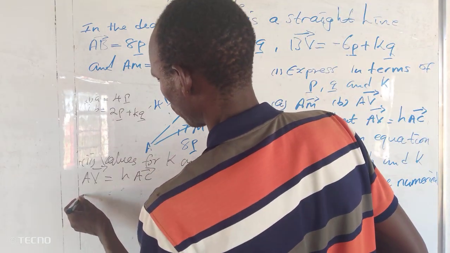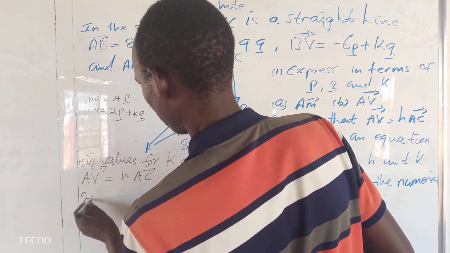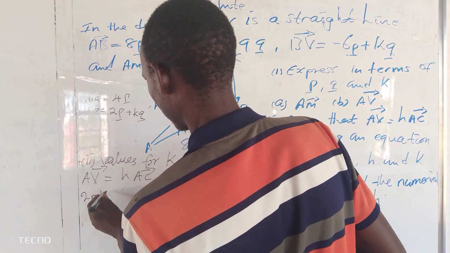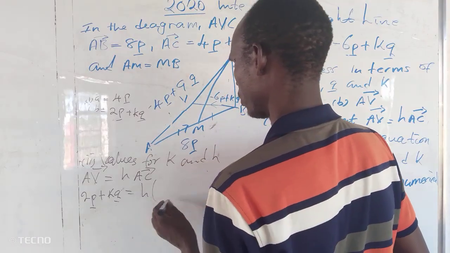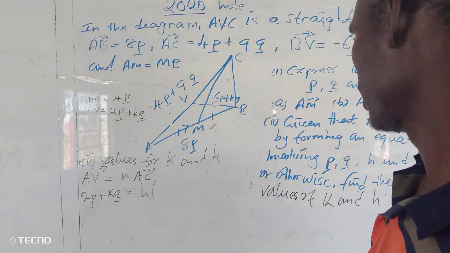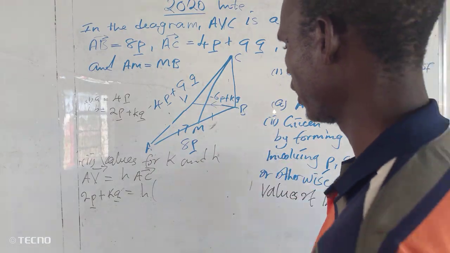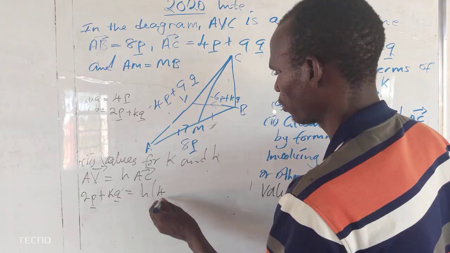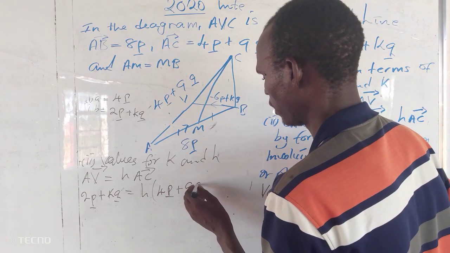So it's going to be 2P plus K Q is equal to H open. So what is AC? AC meaning you move from this point going there. It will give you 4 vector P plus 9 vector Q.